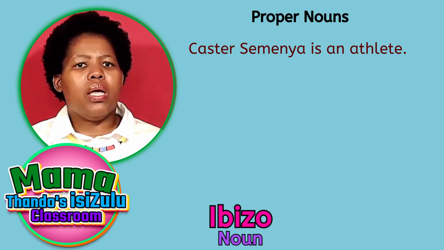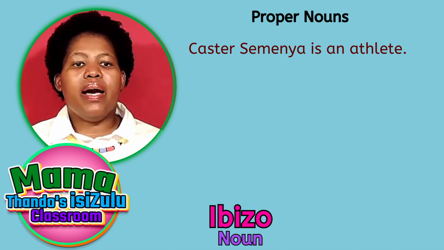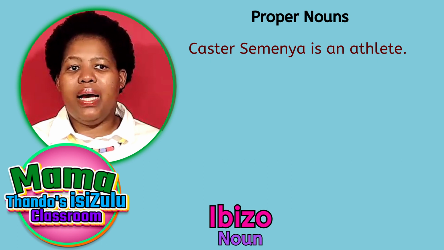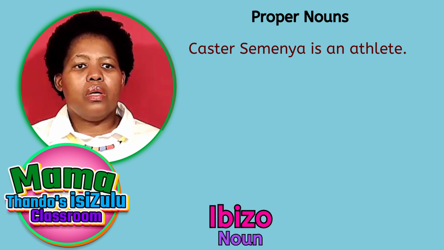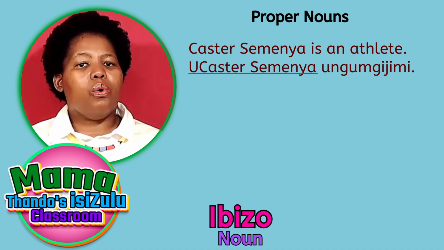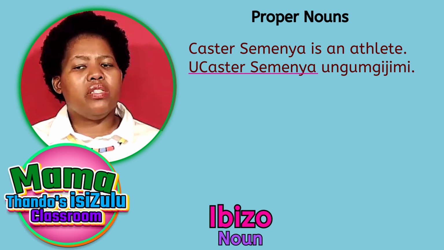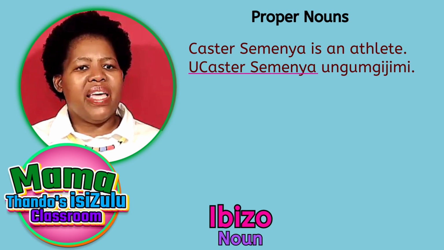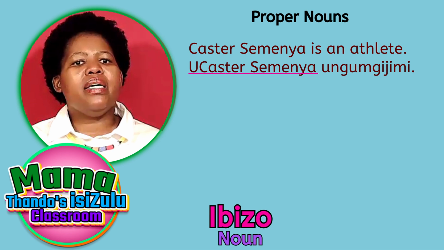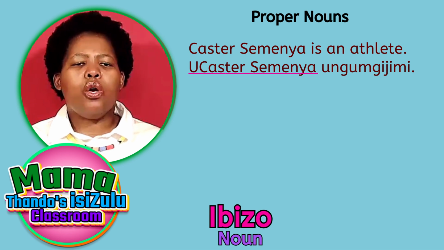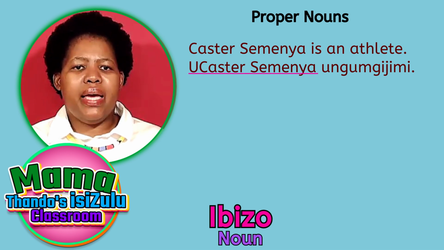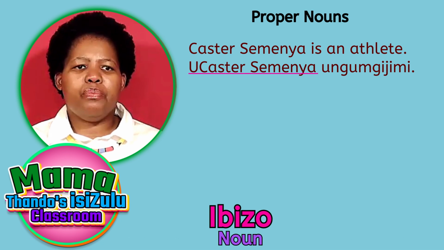And so, if the proper noun is at the beginning of the sentence, like the following example, Caster Semenya is an athlete, we will put the vowel prefix U and the first letter of the person's name or name of the place in capital letters like this. UCaster Semenya ungumgijimi.